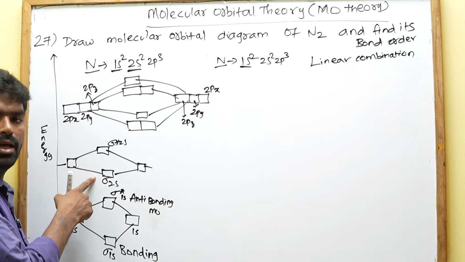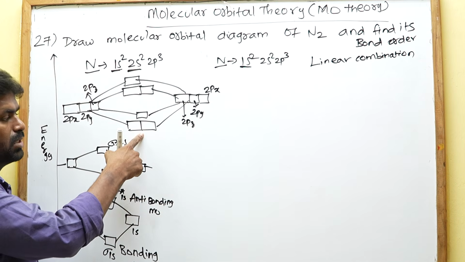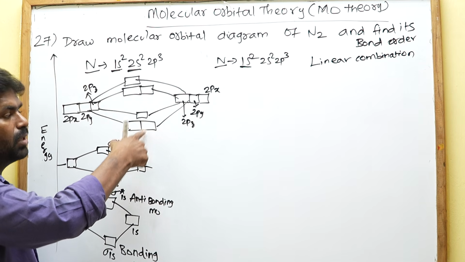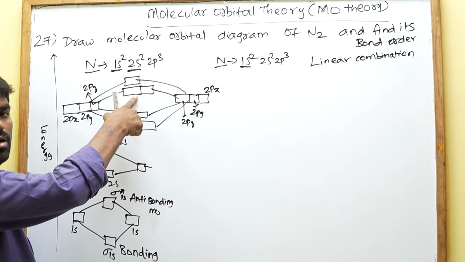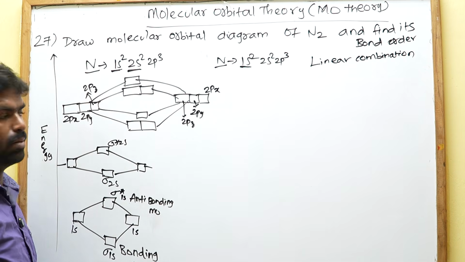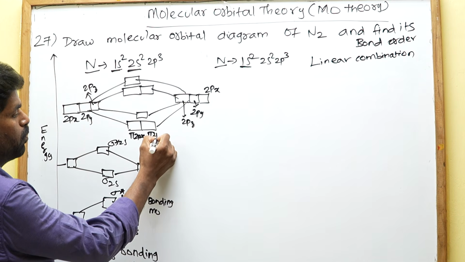Similarly, this is also a bonding molecular orbital. This is an anti-bonding molecular orbital. This is a bonding molecular orbital. This is also a bonding molecular orbital. This is an anti-bonding molecular orbital. This is also an anti-bonding molecular orbital. Let me name these. This is pi 2px and pi 2py.